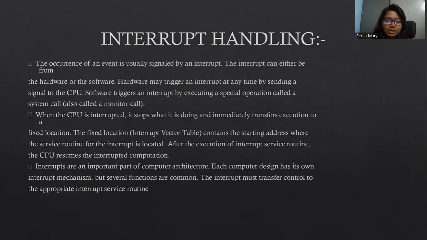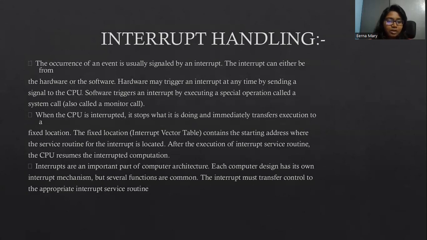When the CPU is interrupted, it stops what it is doing and immediately transfers execution to a fixed location. The fixed location contains the starting address where the service routine for the interrupt is located. After the execution of the interrupt service routine, the CPU resumes the interrupted computation.